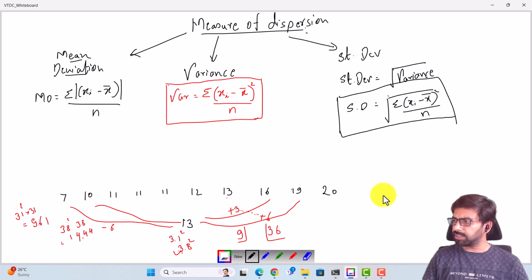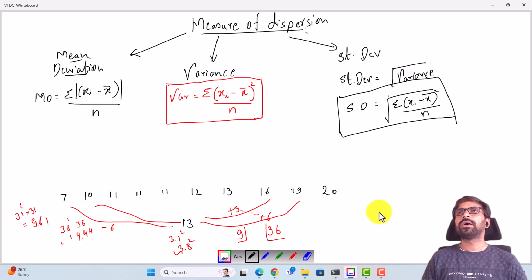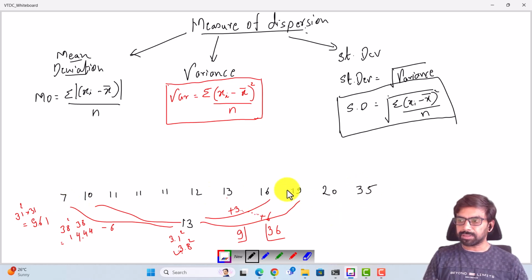For example, in this data, if I take, let's say, another point, let me go for 11, right? The sum is 165, so I'll go for 35. If I go for 35, the sum of these 11 quantities comes out to be 165, and if I divide by 11, the average comes out to be 15.